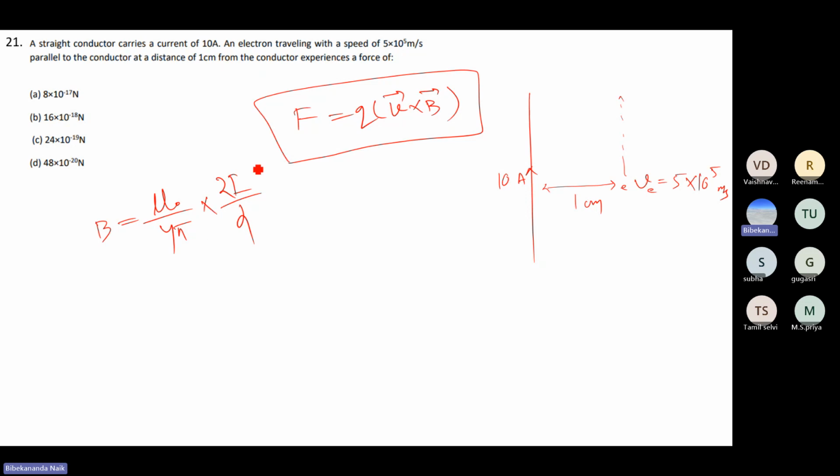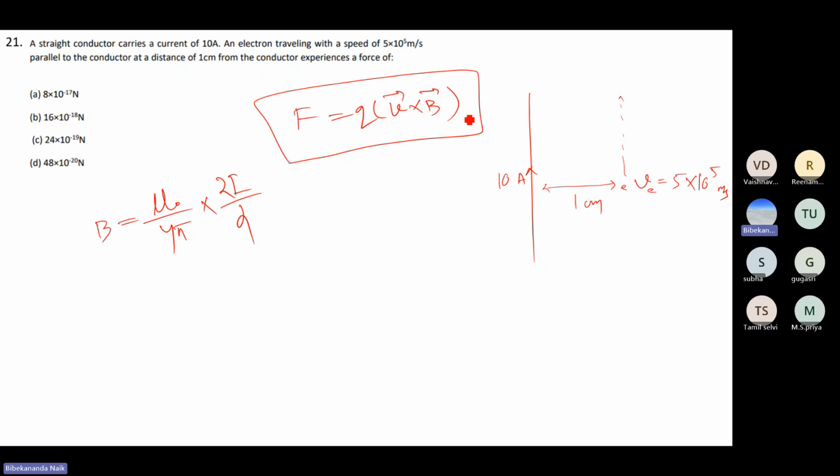This is the actual formula, mu 0 I by 2 pi d. But since we know mu 0 is 4 pi into 10 to the power minus 7, we always write this term as mu 0 by 4 pi so that it will get cancelled out and only 10 to the power minus 7 remains. So this is the value of B.